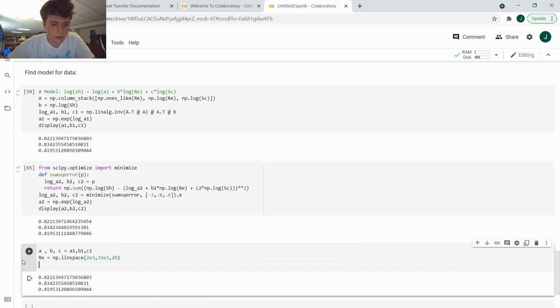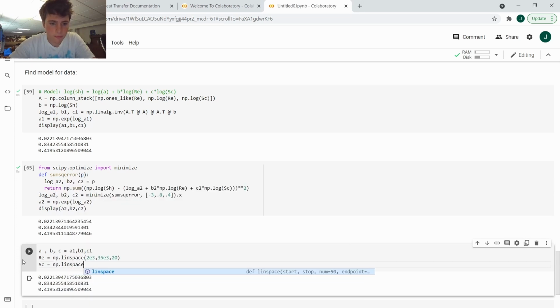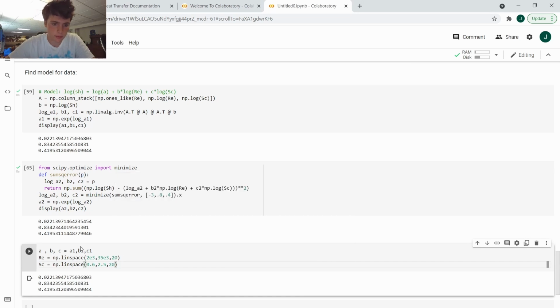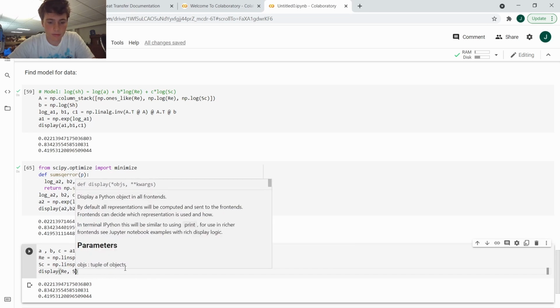Then we do the same thing with our Schmidt numbers, np.linspace. The range of that was 0.6 to 2.5, and we want 20 of those. So this is giving us 20 points between those two numbers, linearly spaced. We can even just display what Reynolds is and what Schmidt is.